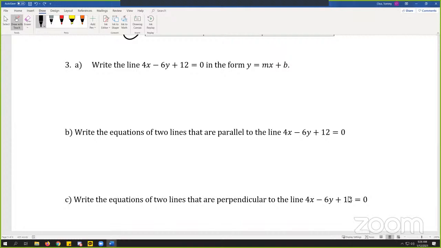I'm going to give you 2 minutes to change standard form into slope-intercept form. So 2 minutes, go do that.